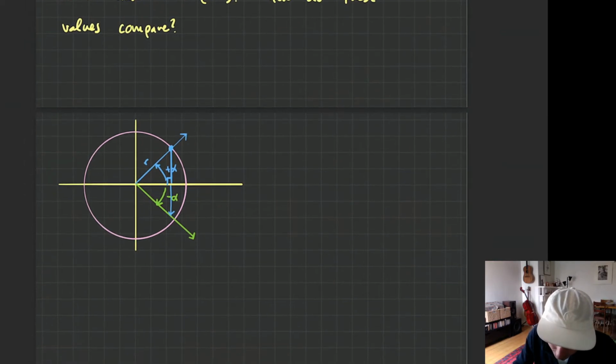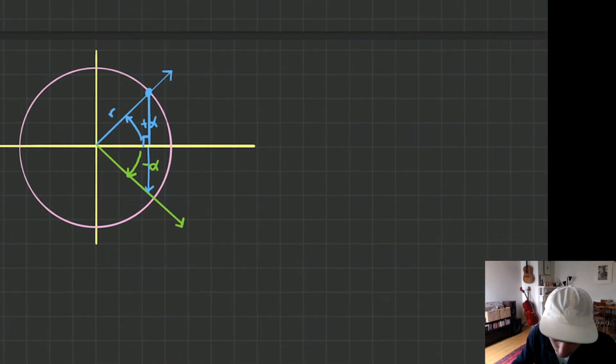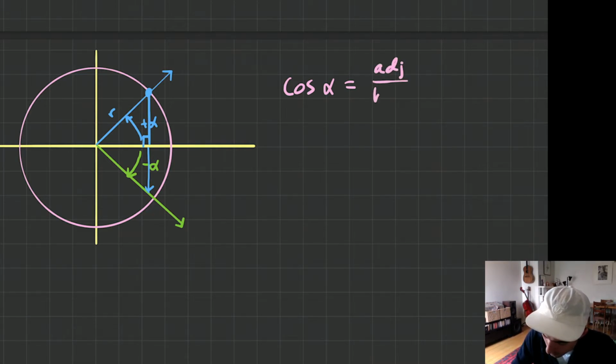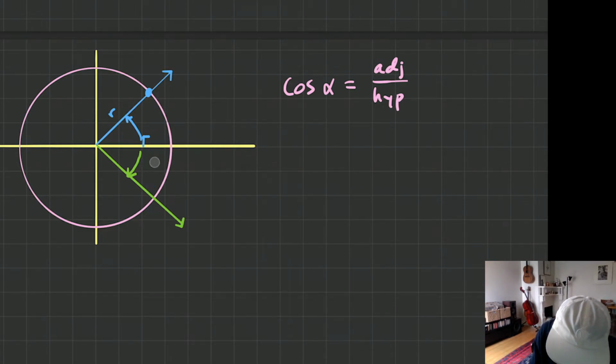So let's see what happens with cosine now that we're going in the opposite direction. I know that cosine of alpha is going to be adjacent over hypotenuse. So now it's not so much the vertical part, it's the horizontal part. It's this portion right here.